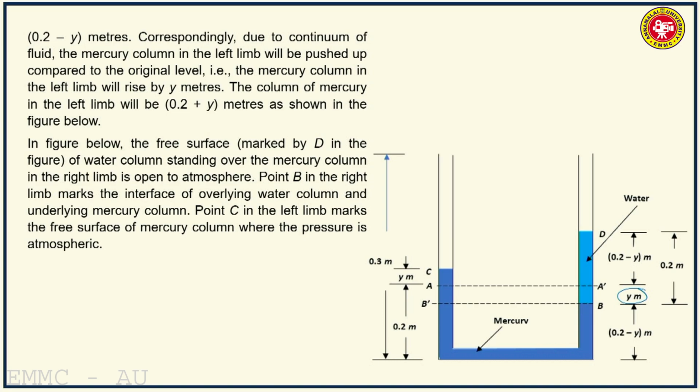Now the total column of water is 0.2 meters, so this is 0.2 minus y. Point B in the right limb marks the new interface of the overlying water column and underlying mercury column, and point C is the new level taken by mercury, that is the free surface of the mercury column where the pressure is atmospheric.